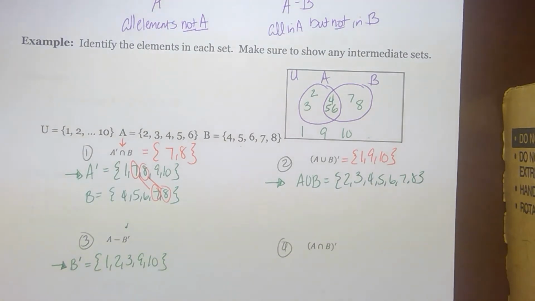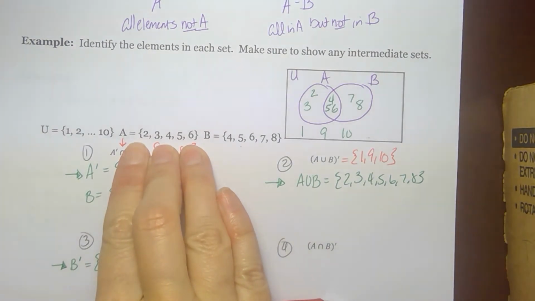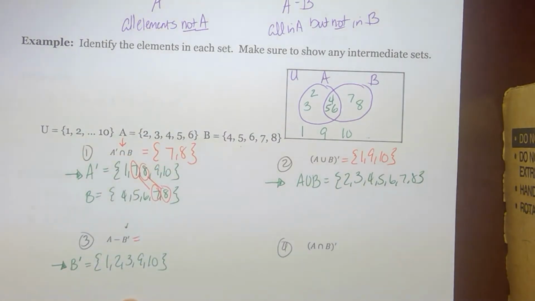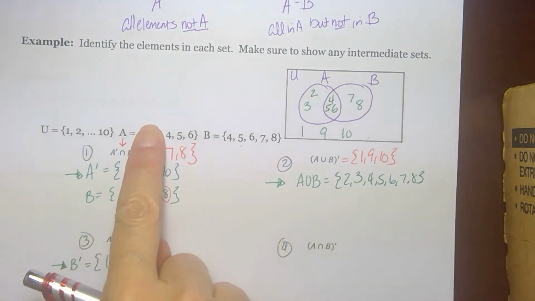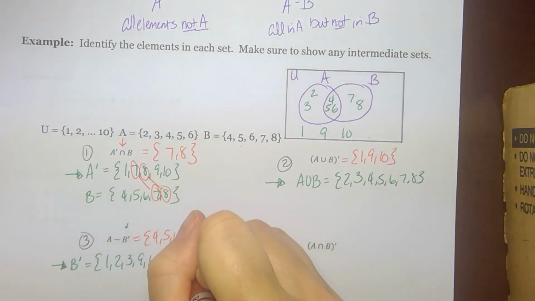A, take away, not B. I'm starting with 2, 3, 4, 5, 6. That's what is in A. I need to take away any elements that are in my not B list. 2 is in my not B list, 3 is in my not B list, so I don't include those 2 elements. I'm left with 4, 5, 6.